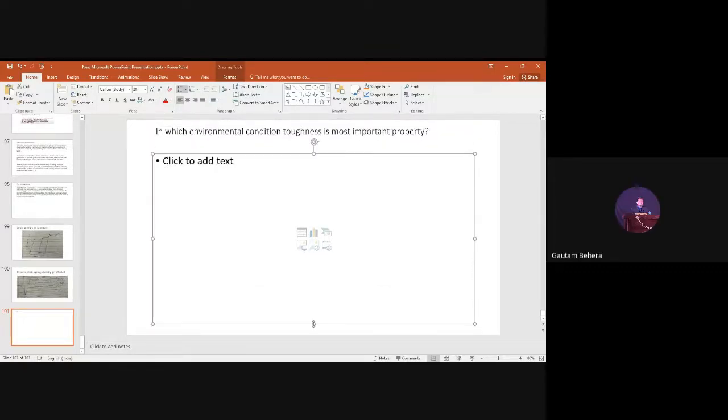Okay, do you people agree with him that at high temperature toughness is one of the important properties? How many of you remember the definition of toughness? So that is a combination of ductility and strength.